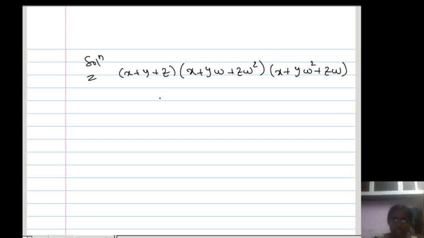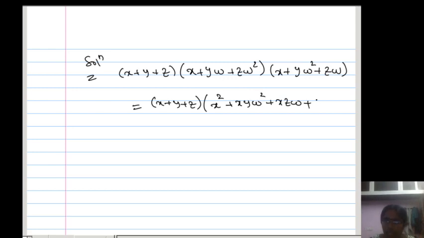Keep x plus y plus z as it is, and simplify the other two by multiplying everything: x square plus xy omega square plus xz omega, next y omega x plus y square omega cube plus yz omega power 2, next z omega square x plus zy omega power 4 plus z square omega cube.